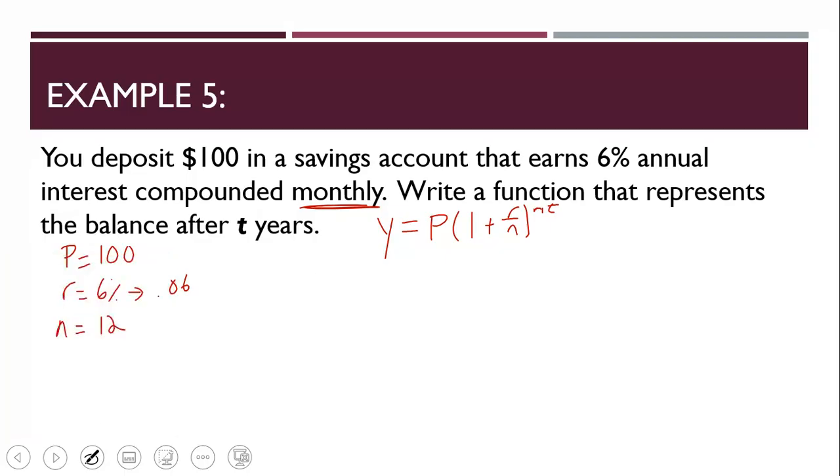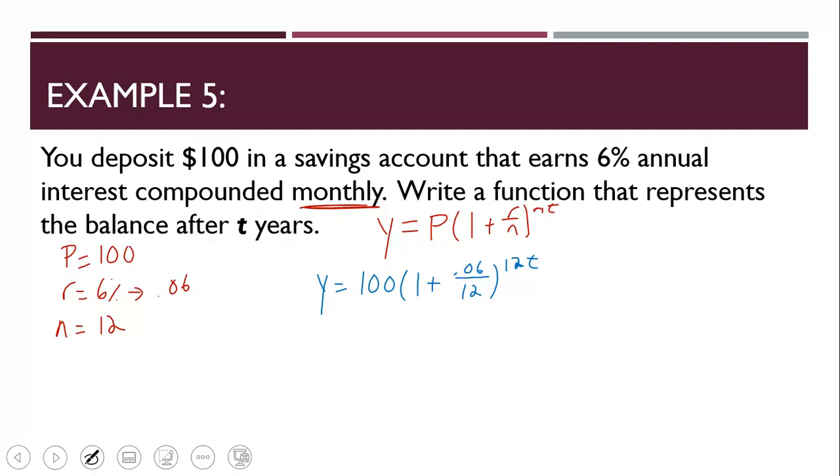So let's write our equation. Y equals 100 in parentheses, 1 plus R, which is 0.06, over 12, raised to the N, which is 12, T. And I don't know what T is because it hasn't told me.